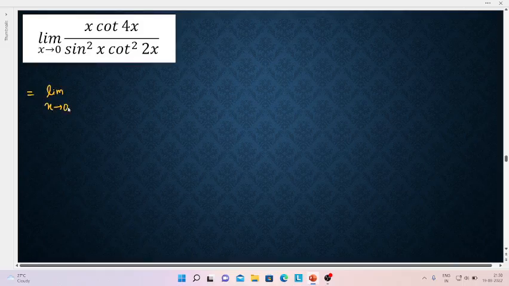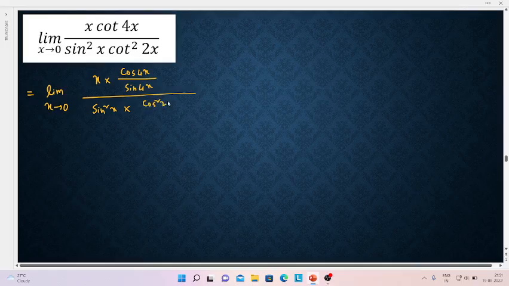So that will become limit x tends to 0. That will be x times cot 4x, which can be written as cos 4x upon sin 4x, right? Similarly, in the denominator, the sin square x stays the same, and cot square 2x can be written as cos square 2x upon sin square 2x, right?